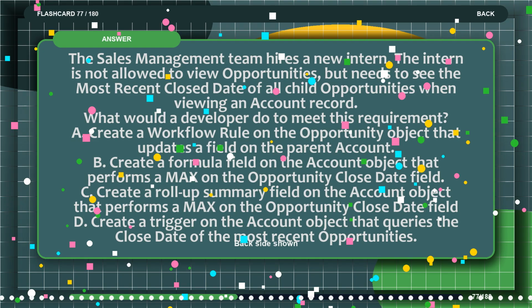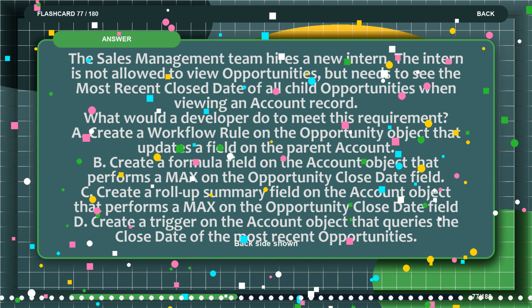The sales management team hires a new intern. The intern is not allowed to view opportunities, but needs to see the most recent closed date of all child opportunities when viewing an account record. What would a developer do to meet this requirement? A. Create a workflow rule on the opportunity object that updates a field on the parent account.